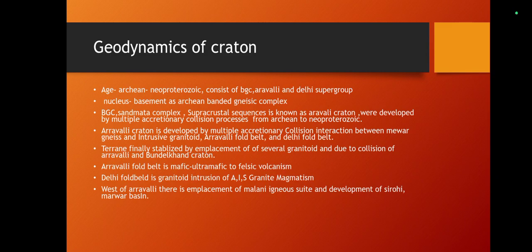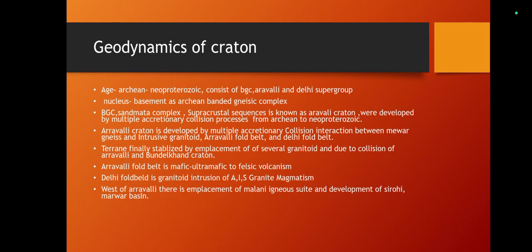The age of this craton is basically Archean to Neoproterozoic, that is, it was first nucleated in the Archean and finally evolved during the Proterozoic, and finally the sedimentary cover is of Neoproterozoic age.